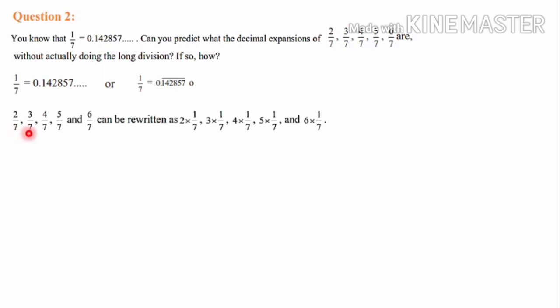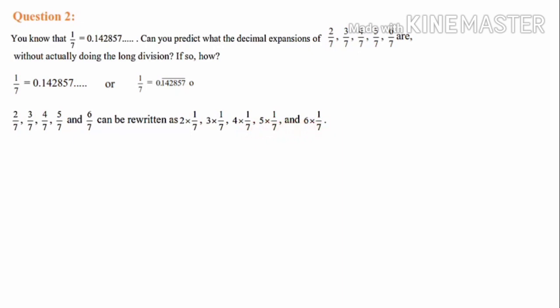Here 2 by 7, 3 by 7, 4 by 7, 5 by 7 and 6 by 7 can be expressed as 2 into 1 by 7, 3 into 1 by 7, 4 into 1 by 7, 5 into 1 by 7 and 6 into 1 by 7.